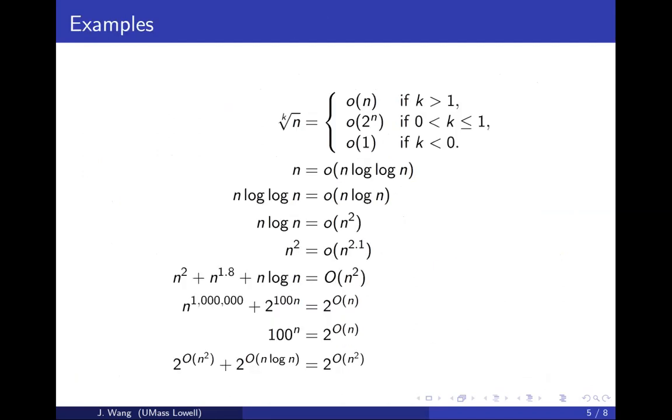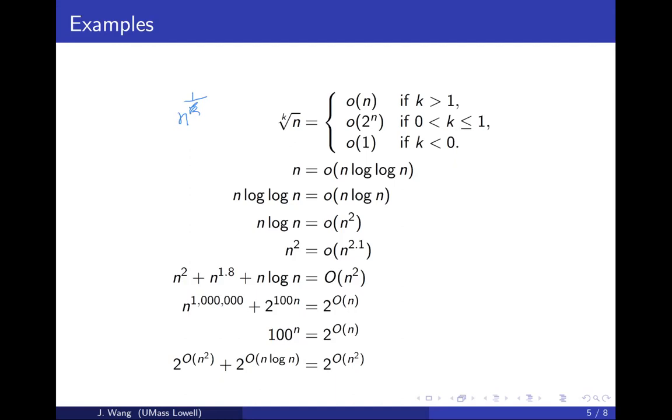Okay, now the following are some examples of this small o and big O. The k-th root of n, which we can also write as n to the 1 over k, has the following relation.